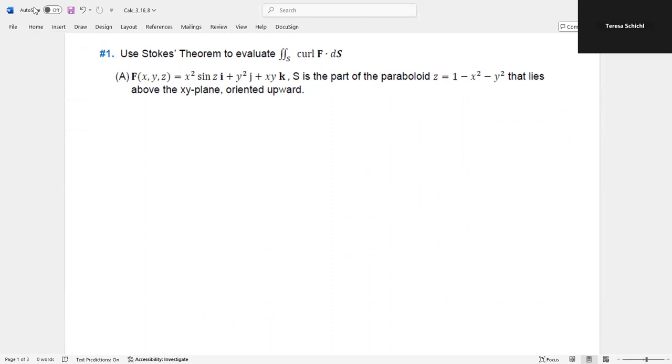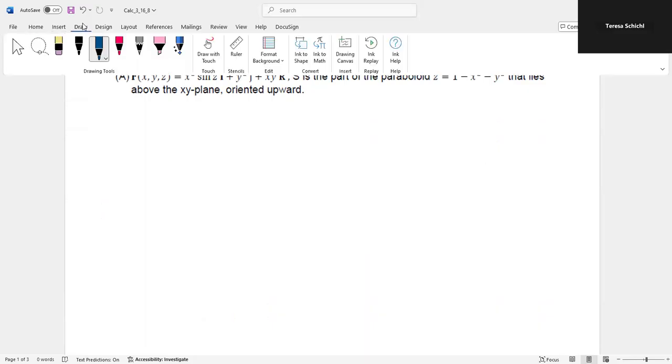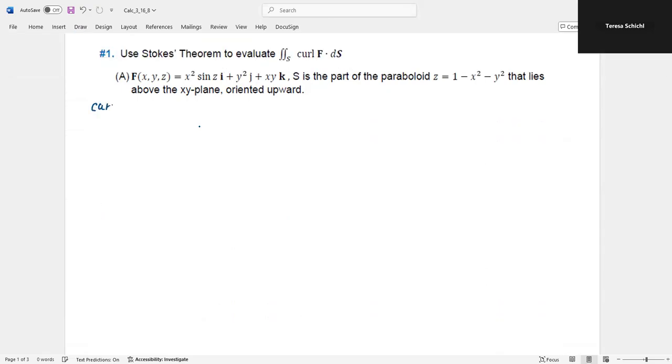So let's see why we want to do that. This is my F of x, y, z, so let's take a look at the curl. Let's use this opportunity to review one more time how to do the curl.